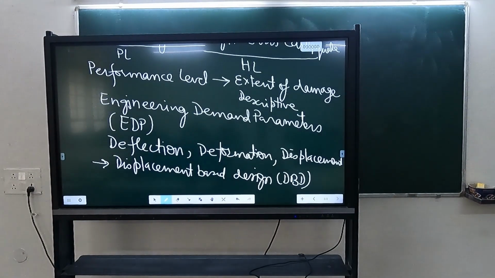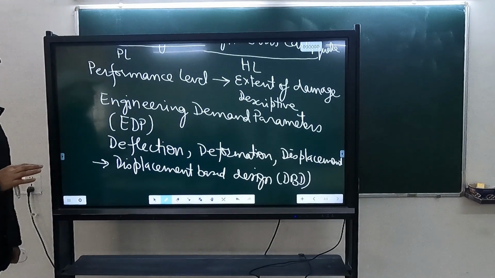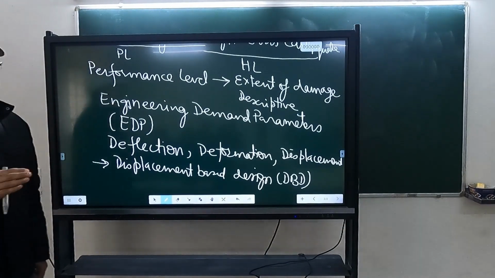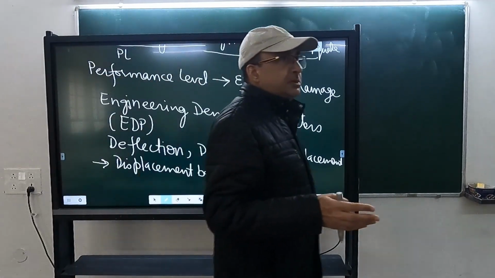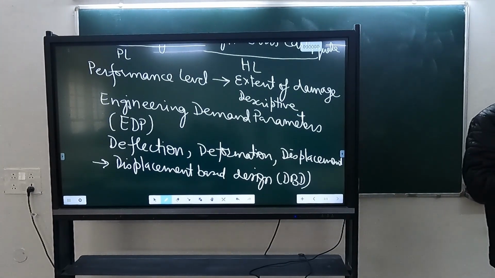Contrary to this, our conventional method we call force based design, because there we are checking the member forces. You have seen in your first semester when we are designing any structure or building using the conventional force based method, we calculate the force demand and we compare that force demand with the capacity, or rather the particular limit state of capacity. Okay, so we compare them. So that is force based design.